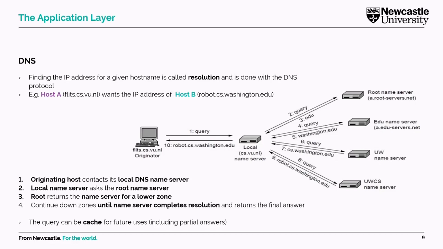One strategy to optimize this process is caching, so the queries can be saved locally and reused for future requests, including partial answers. If it's a long request and you need to contact other machines, you might include those partial answers in your cache as well, so you don't have to go all the way to Washington or Edu every time you want to learn about a host in its zone.